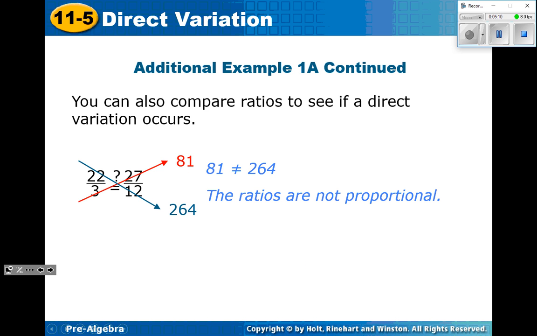Here's one more thing you can do, although if your answer was yes, you would have to continue to compare fractions. So this was 22 inches at 3 months and 27 inches at 12 months. You can do their cross products, and if they are not equal, then it does not represent a direct variation situation.